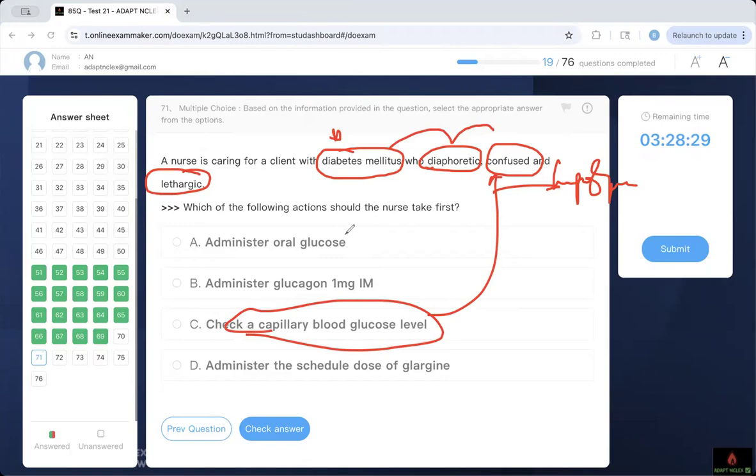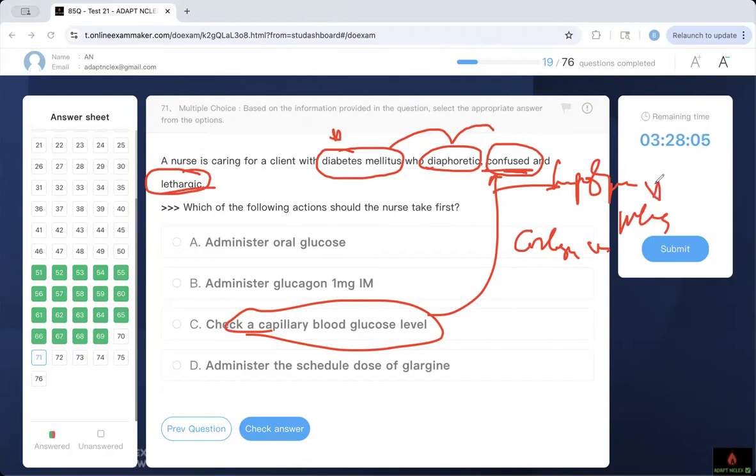I have my diagnosis. Now ask yourself, can I give this patient something to drink or do I give them IV? You want to know, is the patient conscious versus unconscious? In this situation, if you're confused, your airway cannot be protected. If you have lethargy, your airway cannot be protected.